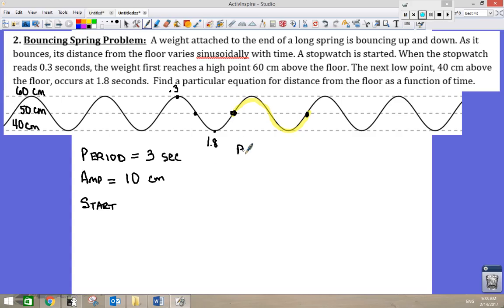A fourth of the period is 3/4 of a second, or 0.75 in decimal form.